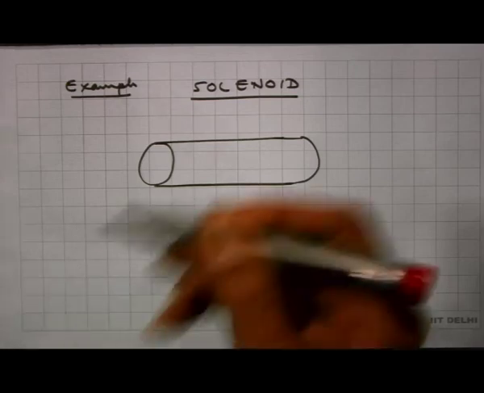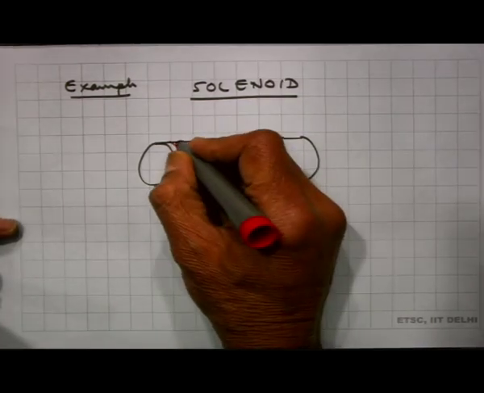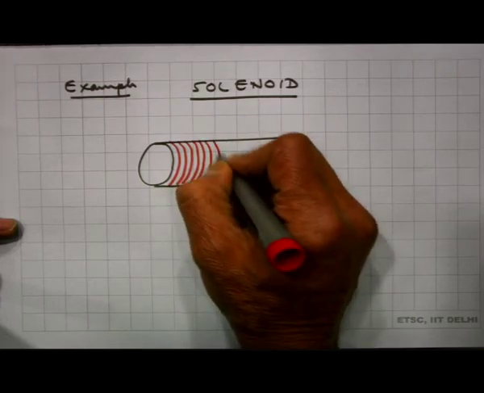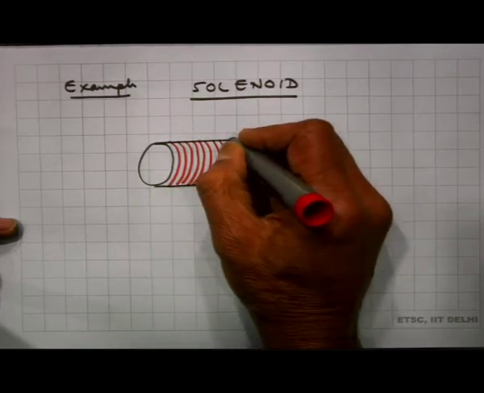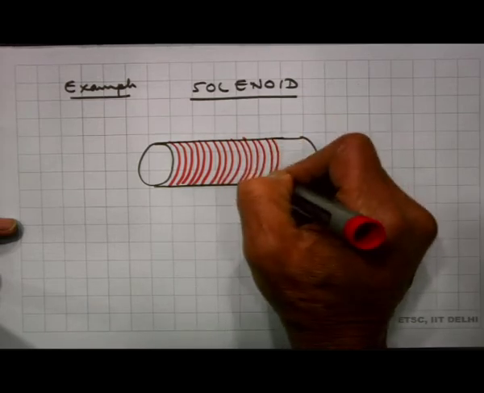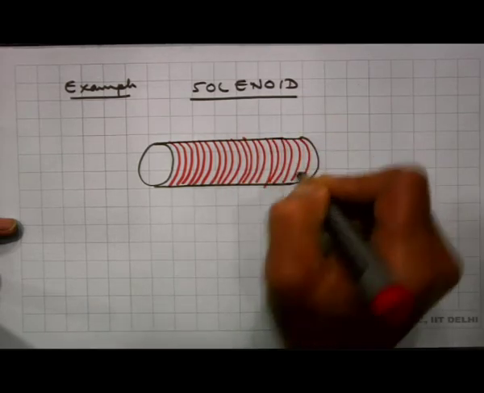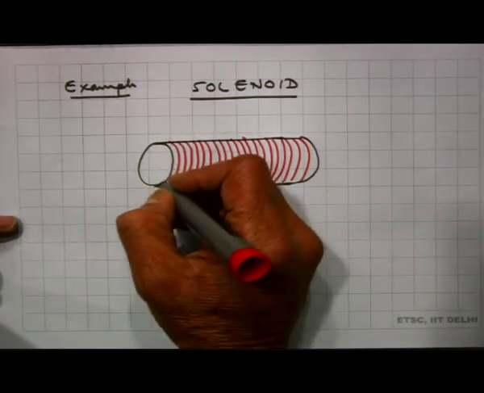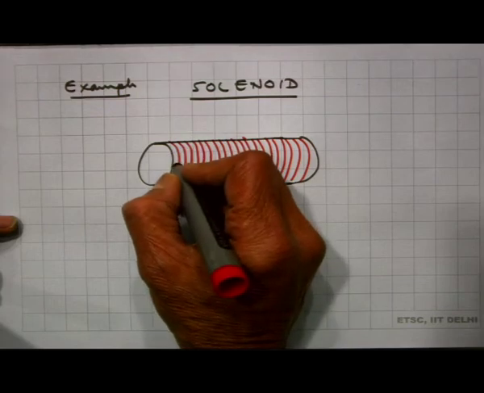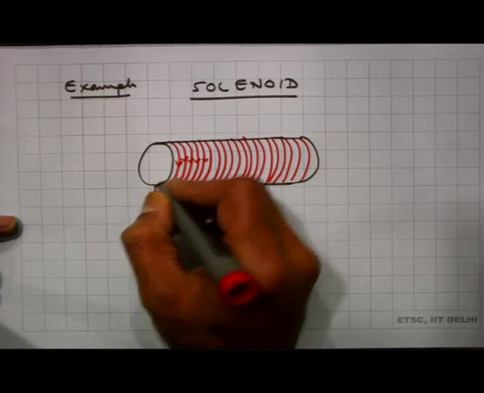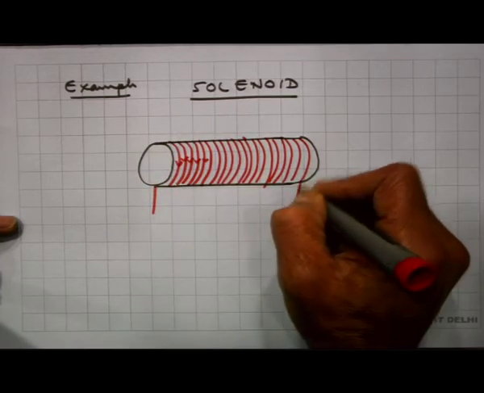Let me draw this like a coil. These are usually very closely wound coils, and I can have a current either flowing upwards or downwards. For example, I can have a current flowing downward here. The wire comes from here, goes around, and finally comes out from here.